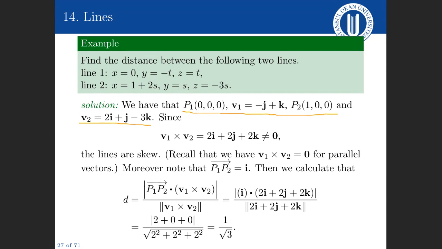First, we need a point on each line. We can do these from the equations. And we need a vector which is parallel to each line. Again, we can read these straight from the equations.